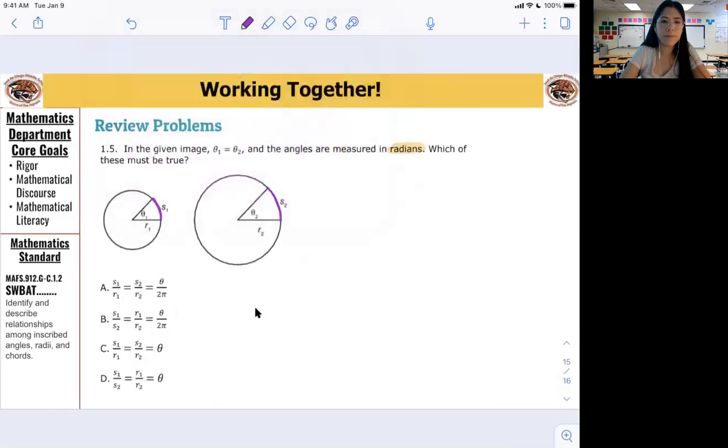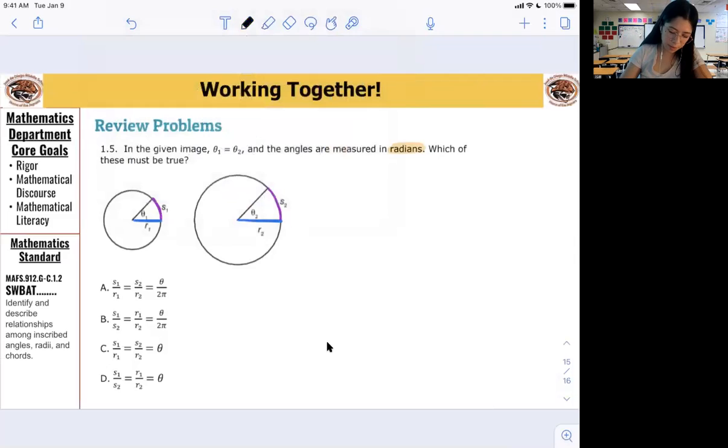S1 and S2 are the arc lengths, R1 and R2 are my radii. So which formula am I going to use, the formula for arc length or the formula for area? Arc length, definitely.